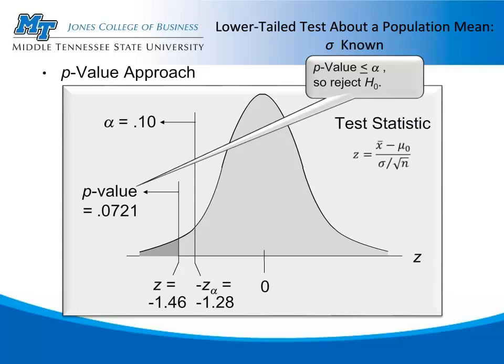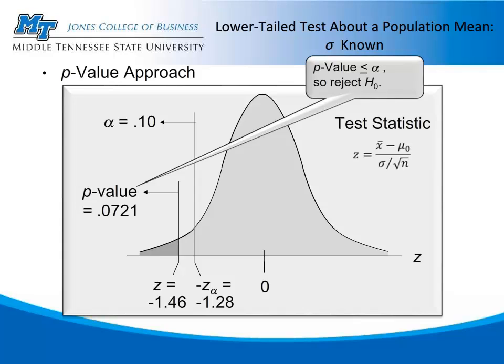Now if you're doing the p-value approach, you can look up that number inside the z-table. And the probability that you're going to get from the z-table is the probability that you're less than or equal to that point. That is the p-value for a lower tail test. The p-value for a lower tail test is the part to the left of the computed value.